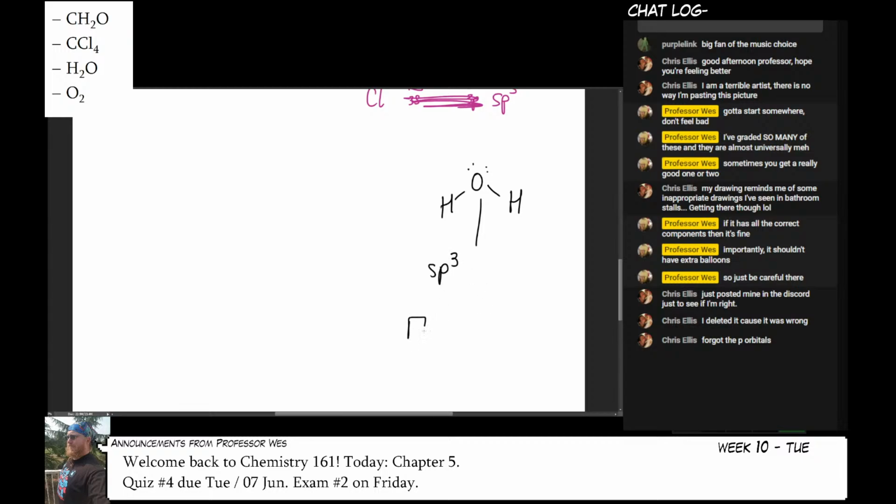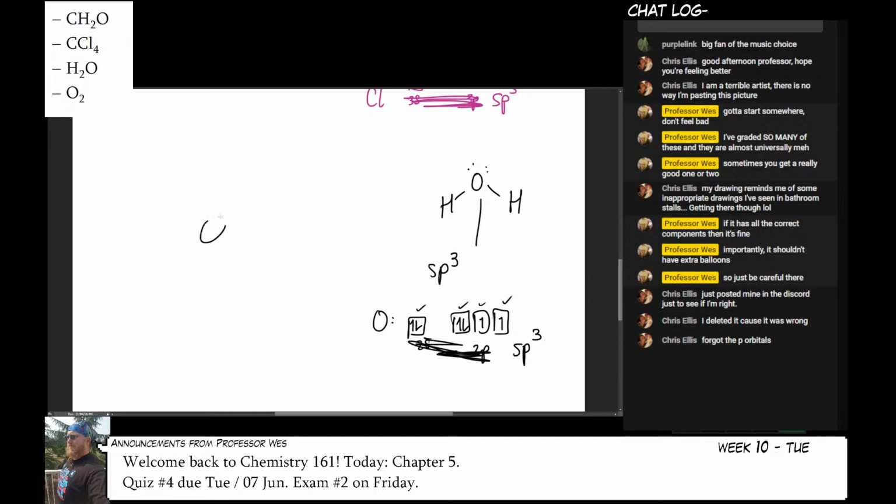And my oxygen, 1, 2, 3, 4, 5, 6. That's what its electron configuration looks like. I'm going to just blend it all together because I have 4 electron domains. And then there are my non-bonding pairs, which are these. And then there's my unpaired electrons, which I can use for bonding.